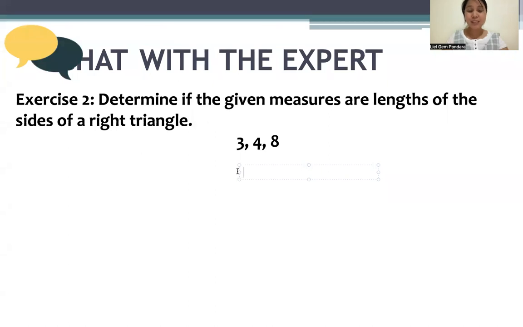But if you want to use the Pythagorean theorem, you have C squared equals A squared plus B squared. Our longest side is 8. We square that, equals 3 squared plus 4 squared. So we have 64 equals 9 plus 16.